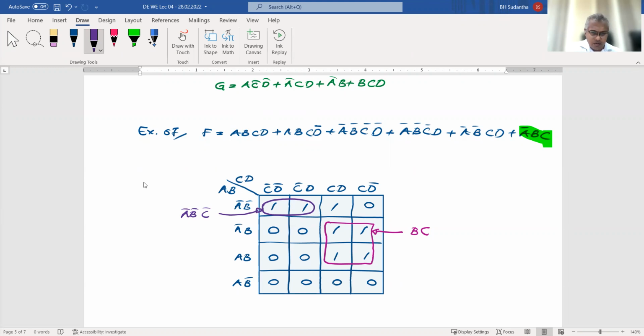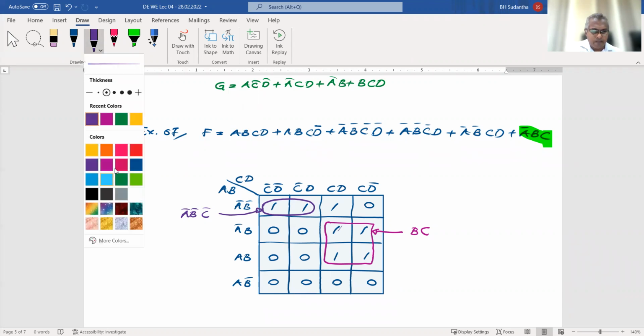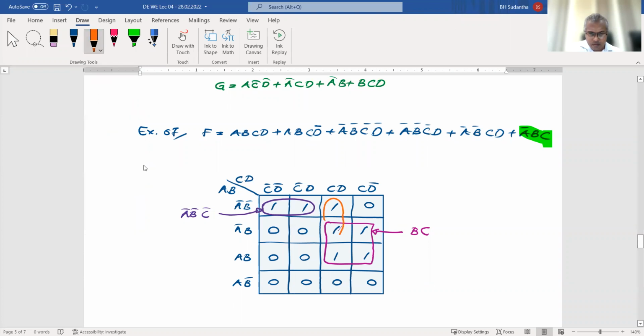If you cover these two ones together, then you will have one equation. But if you group this one with this one, then you will receive a different answer. This is A bar CD.